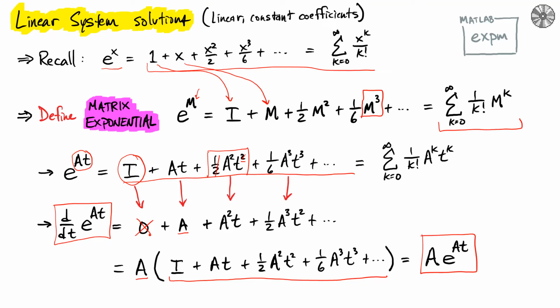So if we let e to the at be x, then the derivative of x, x dot, is equal to A times x, which is our differential equation we were trying to solve. And so this is another way to represent the solution.